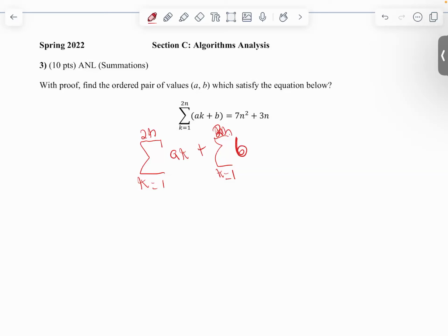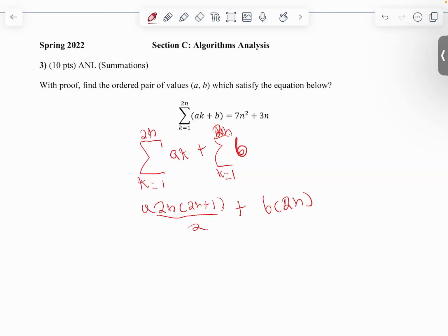For this, you just pull out the a. For this, you just pull out the b, and then you bring down the 2n. And for this, you just evaluate the k's closed form. So it would be 2n times 2n plus 1 over 2 times a, plus b times 2n.